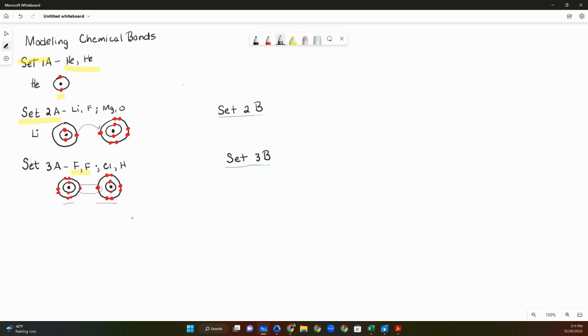Things like what type of bond is formed in set A. And they're asking you also about the charges of the metal and the charge of the non-metal and things like that. So I hope that this is going to give you an idea of how to start this activity. And if you have any other questions, please just let me know.